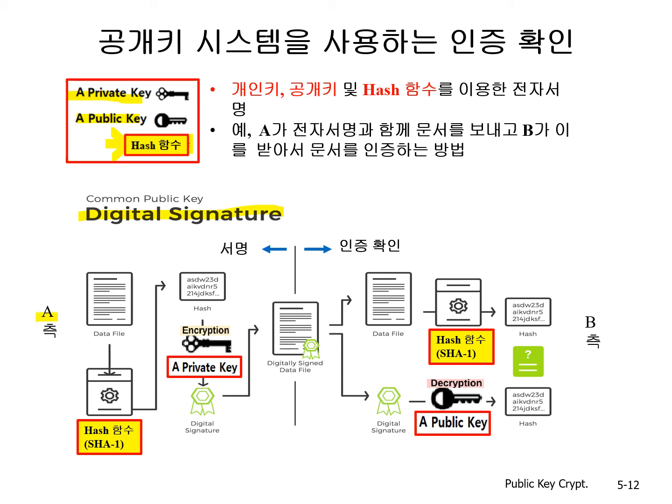Okay, Alice prepares a data file and wants to send it to Bob. From the data file, using the hash function SHA-1, she can generate a hash value. This is the message digest.